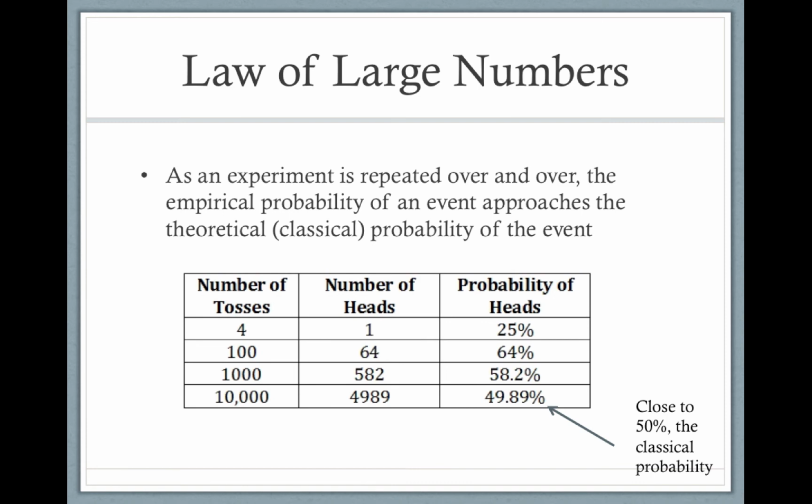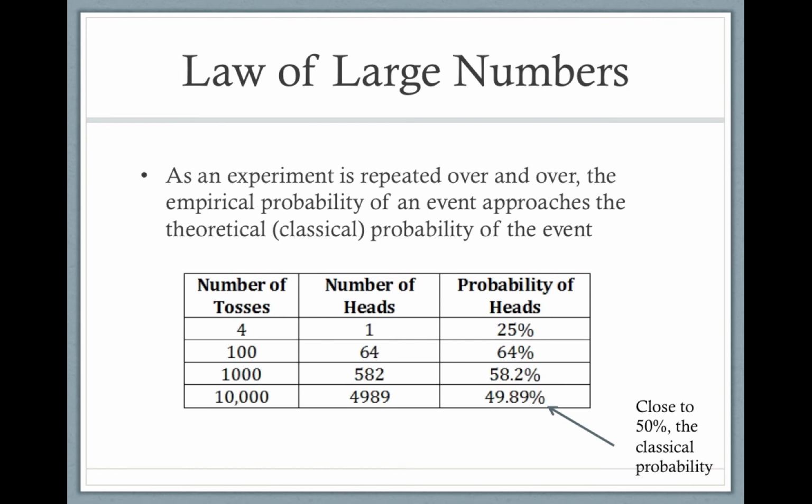So here with this example, we can toss a coin 4 times. We're counting the number of heads, and if we were to get one head, that gives us a 25% chance of heads. But what is the theoretical probability of getting heads? Aha, remember it's 50%, right? Because it's 50-50.